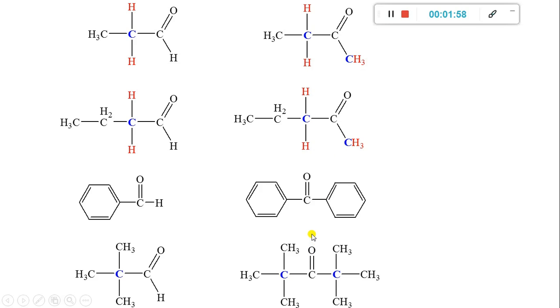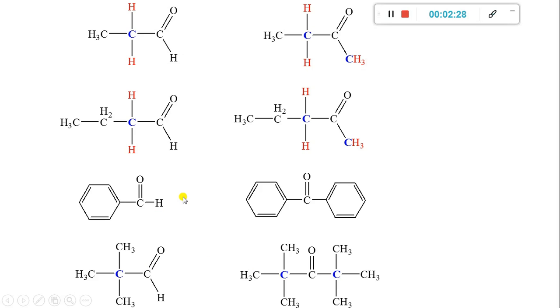As we said before, the most important condition for aldol condensation is that the starting material should have alpha hydrogen. So any aldehyde or ketone with alpha hydrogen will undergo aldol condensation. Any aldehyde or ketone without alpha hydrogen will not.